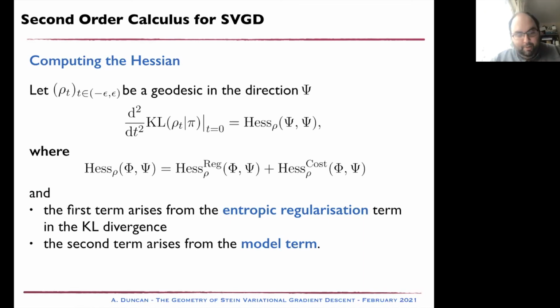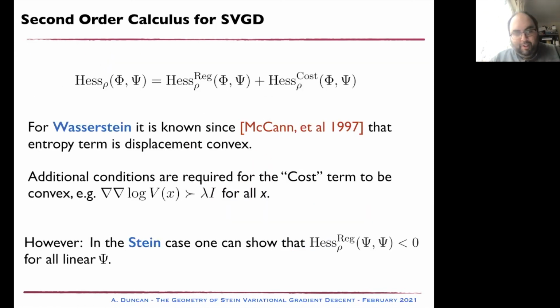is that if you calculate this term here, the second derivative, you can show that it splits into two terms. The first term is intrinsic to KL divergence, which is just the entropic regularization, and the second one is dependent on pi itself. So this one is independent of pi, basically, and this is going to depend on pi. For Wasserstein, it was shown that this term is, in some sense, non-negative definite.